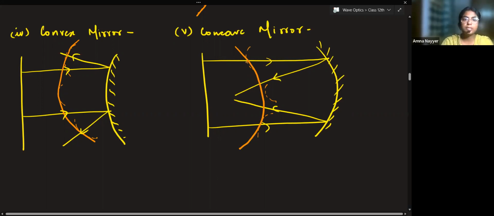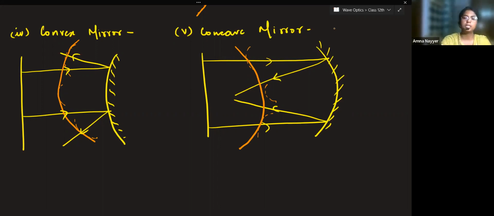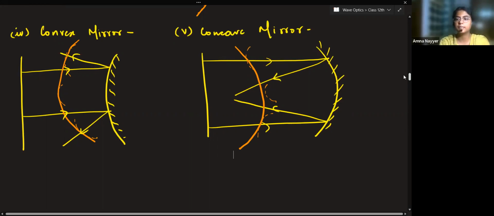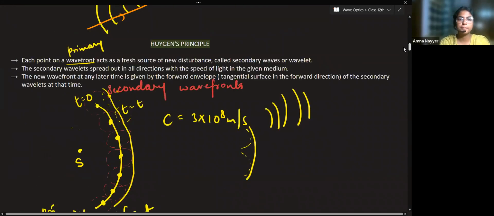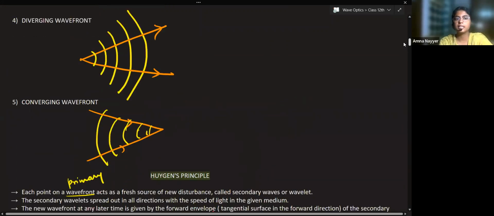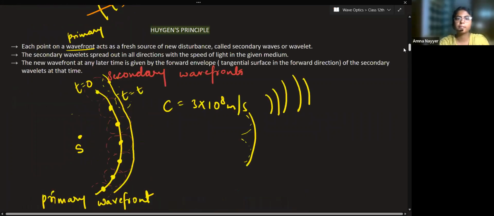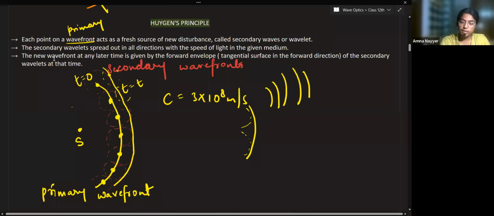So these questions come. Instruments will be given to you and you have to draw it. All right, quickly note down the Huygens principle. Like this, diverging wavefront and converging wavefront by this only. Write down all the statements, and in the exam also you have to write all these statements.